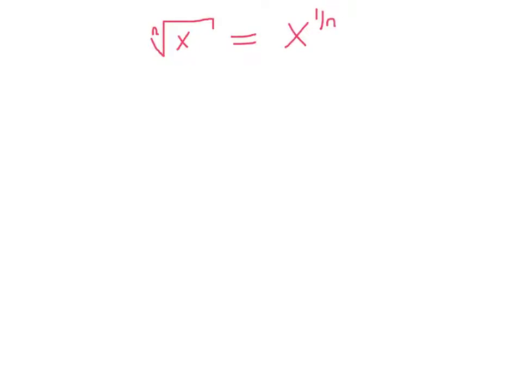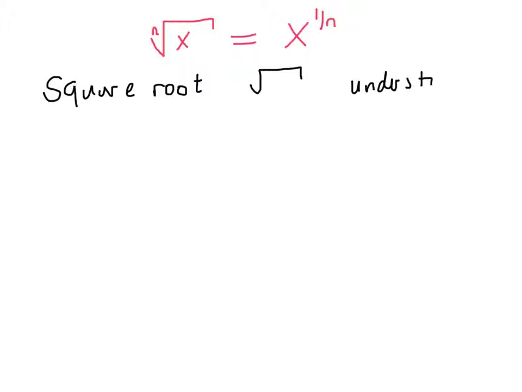I'm going to go to something that hopefully you have seen before. It's called a square root. A square root is just written like this, but it's understood that there is actually a little 2 in here, but it's not written down.